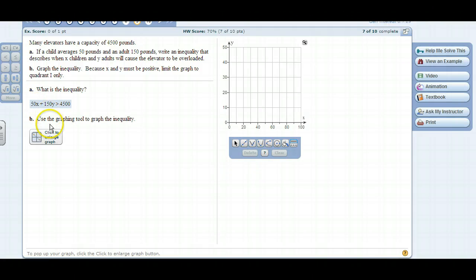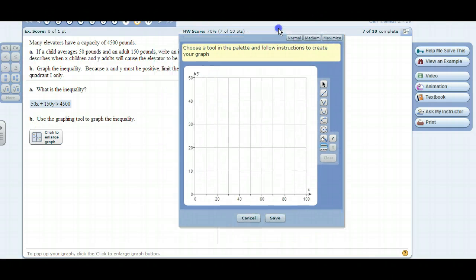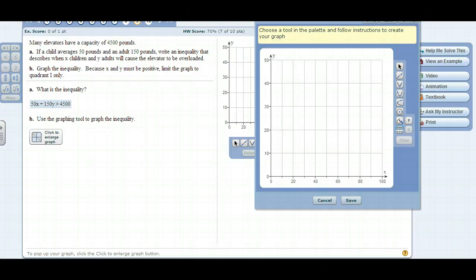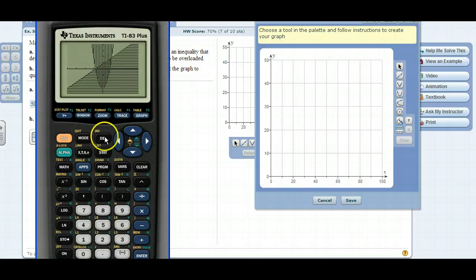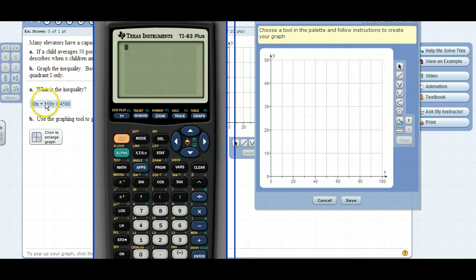Alright, and then we want to graph the inequality. So for this one I would use what we were talking about before, ignoring one at a time, meaning ignore the 150y, let that be 0, and find the x-intercept.